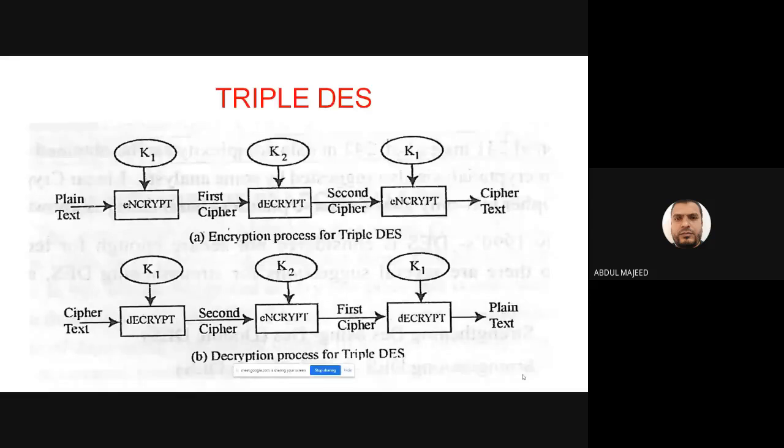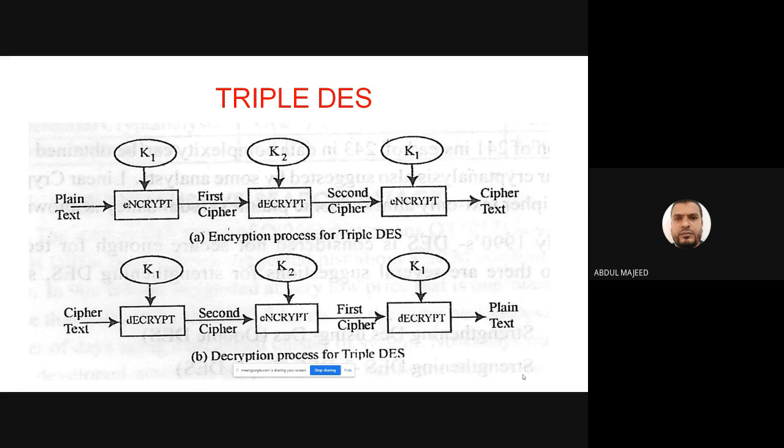So here let's start with our new topic, triple DES, right? Already in the last two or three classes we have seen the DES algorithm, how we are encrypting the data by using that algorithm. The main things are the input data which you want to encrypt, in how many rounds you are taking it, what the key size will be, and how you are processing the data.